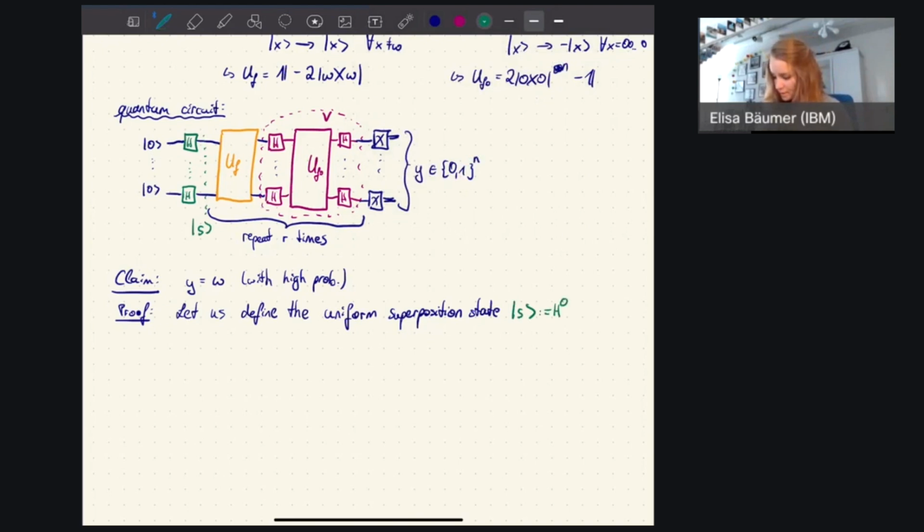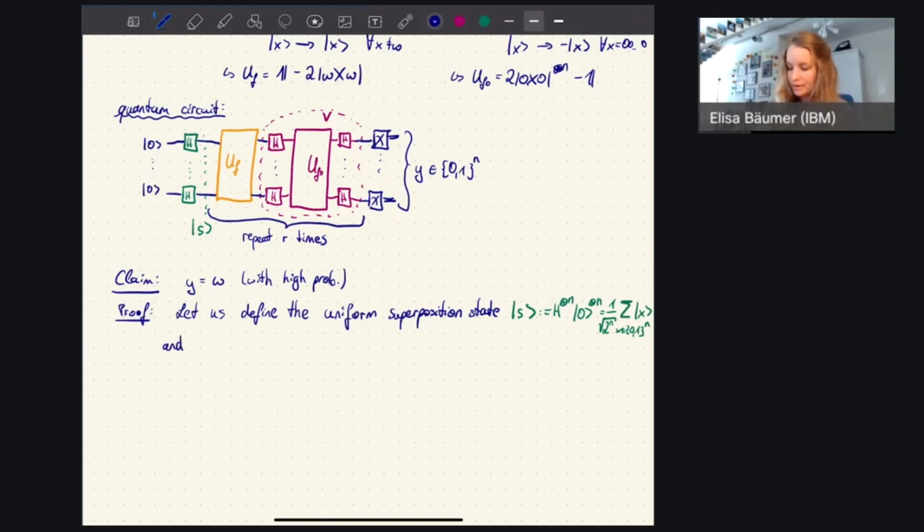So it's just Hadamards on all qubits applied to zero. And this equals, as you've seen before, 1 over square root of 2 to the power n, the normalization factor, and then the sum over all possible bit strings x in 0, 1 to the power n.